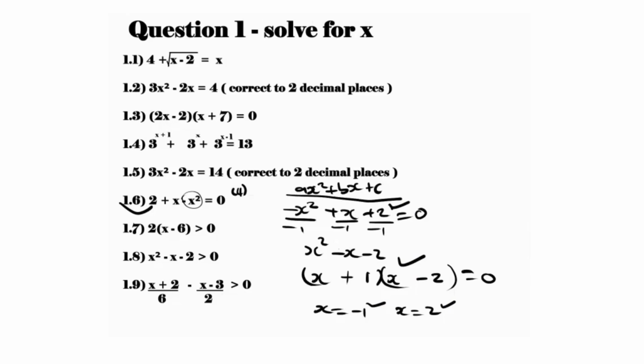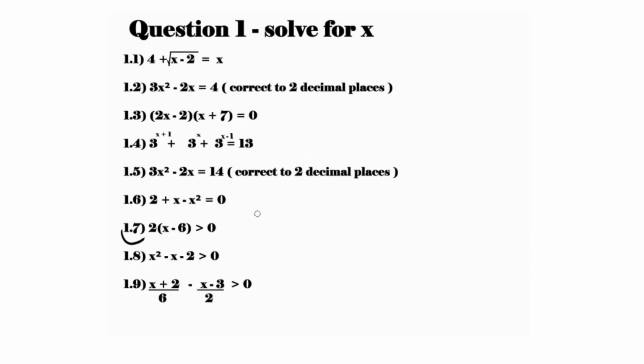So let's move to the next question. 1.7 is (x + 2)(2 - 6) greater than 0. Before we do anything, we must factorize this using the FOIL method. So it's 2x minus 12 greater than 0. It's easy and straightforward, we just divide both sides by 2.